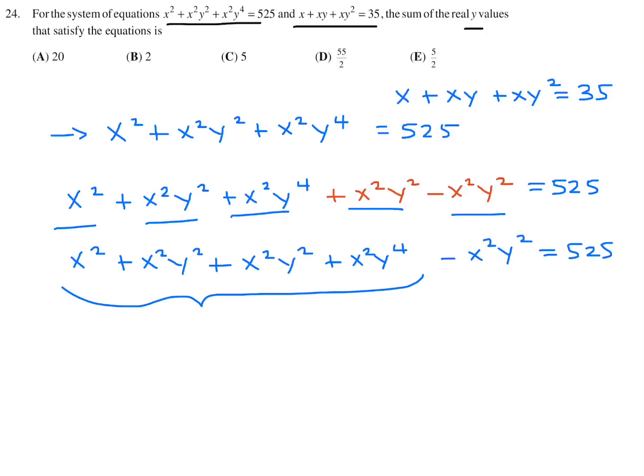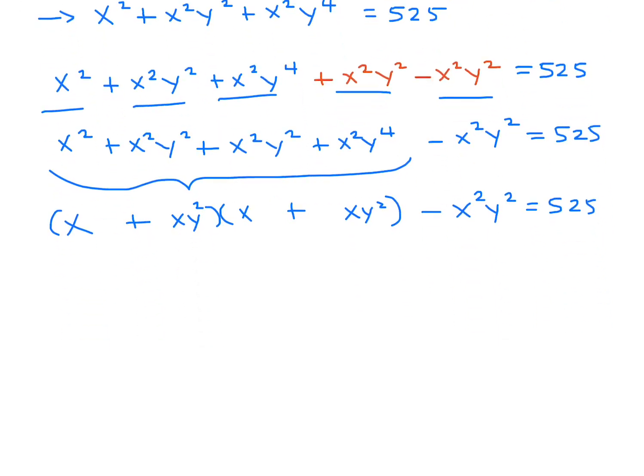This now factors into the following: x, y squared, xy squared, plus and plus. Okay? And therefore this becomes x squared y squared is 525. Let's move this up a bit.